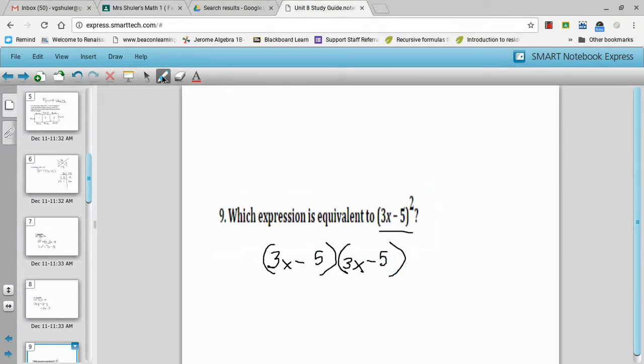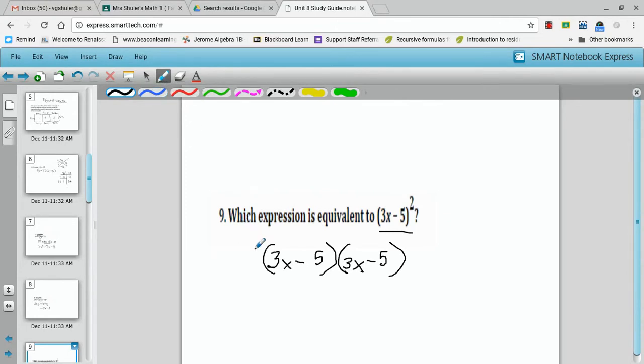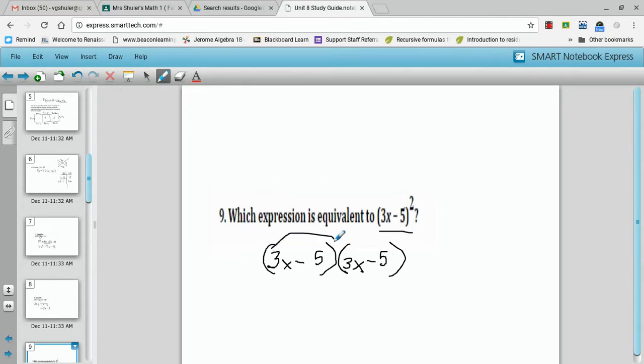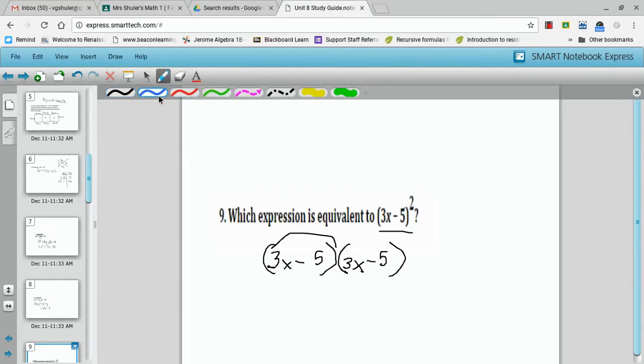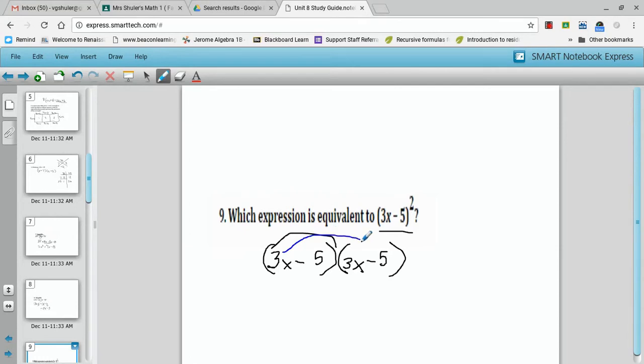Let's do the distributive property. 3x times 3x, and then 3x times negative 5. So 3x times 3x is 9x squared. 3x times negative 5, negative 15x.